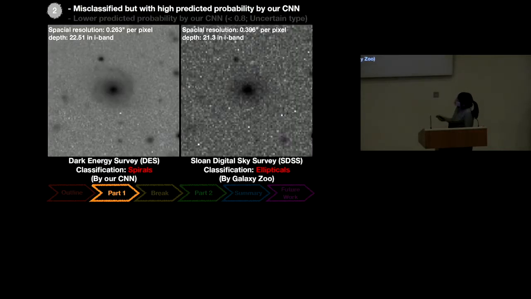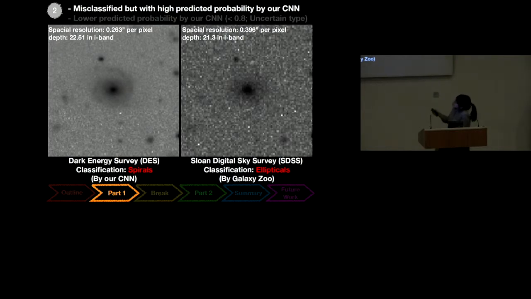It turns out the first type are not really misclassifications by our CNN. They are actually mislabeled by Galaxy Zoo, which needs to be updated, because Dark Energy Survey data has better resolution and deeper depth than the Sloan data.